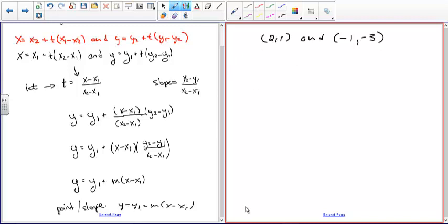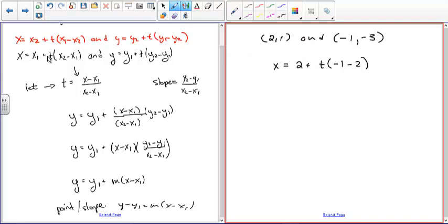Or the parametric form would be x equals 2 plus t times (x2, which is -1, minus 2).